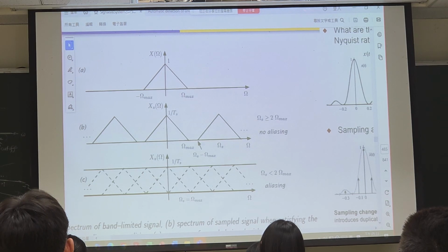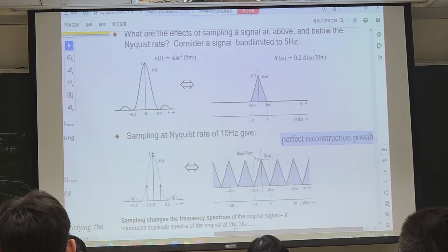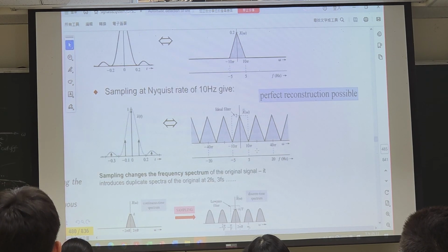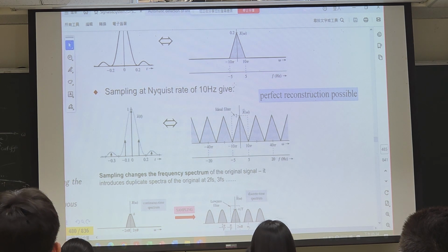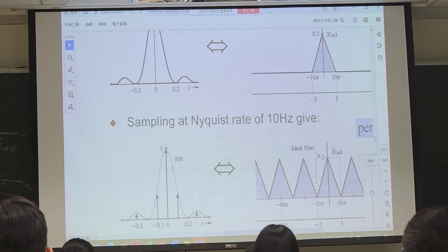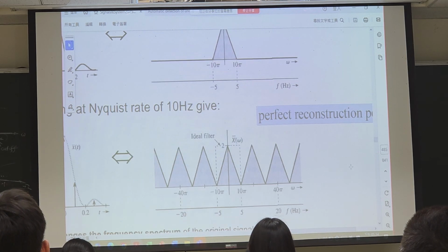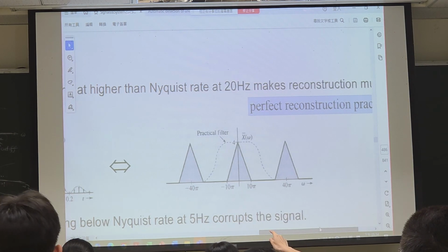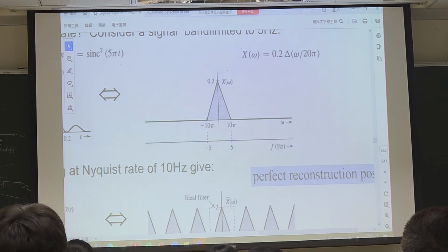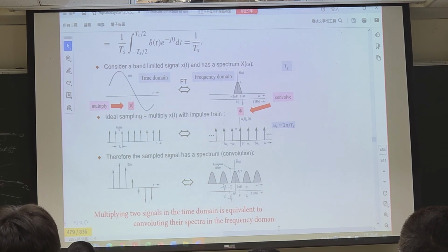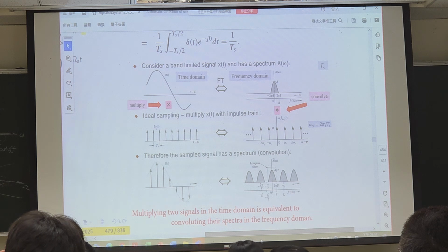So this figure is not so good. Can you use this one? Yeah, let me use this one again.